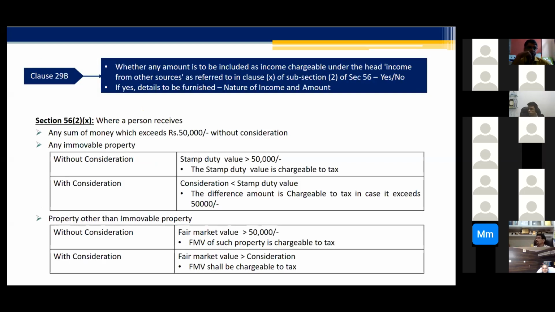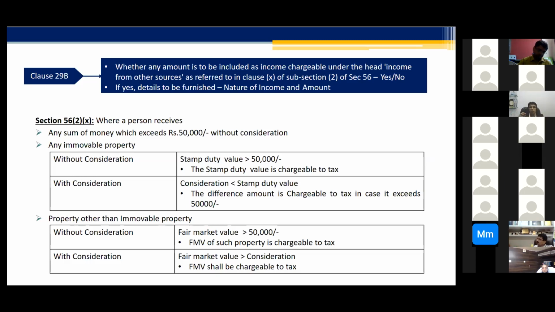Coming to 56.2.7. Now 56.2.10 technically is a replacement of 56.2.7a. There was initially a 7a clause, the 7b stands. 7a applies to all individuals and HUFs who used to receive any amount without consideration. Now after 1st April 2017, 7 and 7a have been clubbed into 56.2.10, and the reporting is required to be made under 56.2.10.